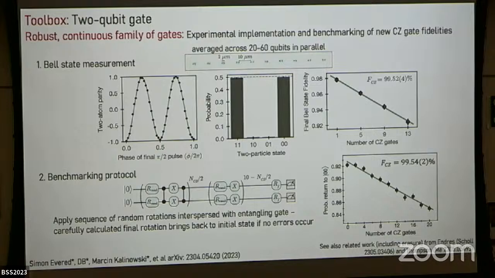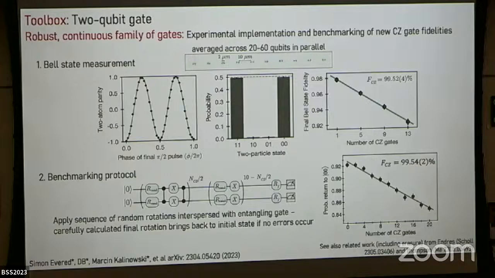Even if the light shifts on the other pairs are not exactly the same, the only important thing is that they're not on resonance, so they're detuned from resonance. So this is, I think, the approach that people are thinking about.